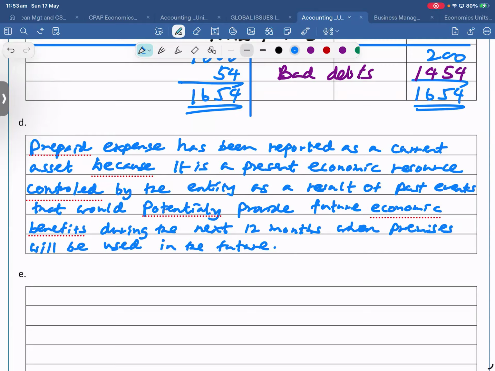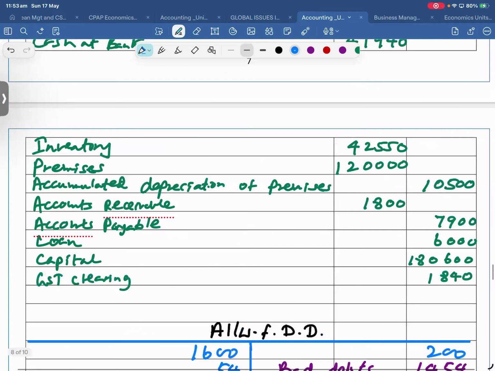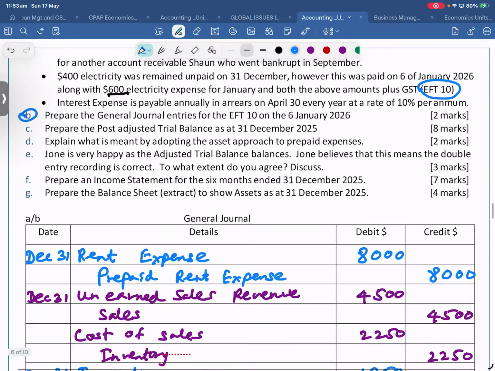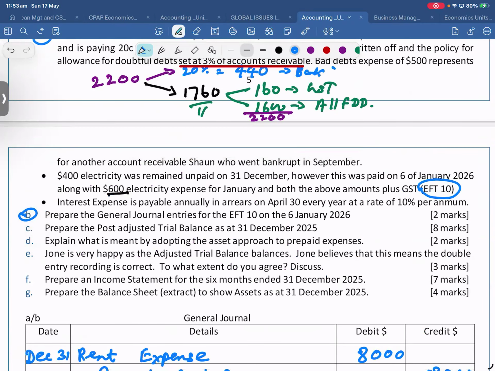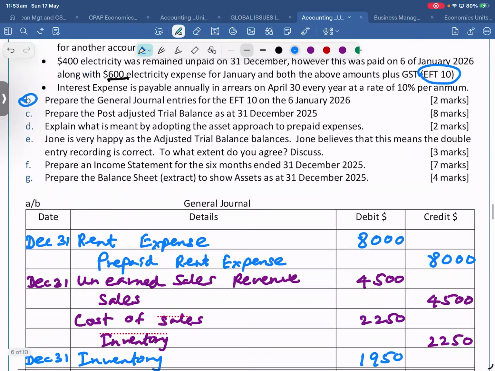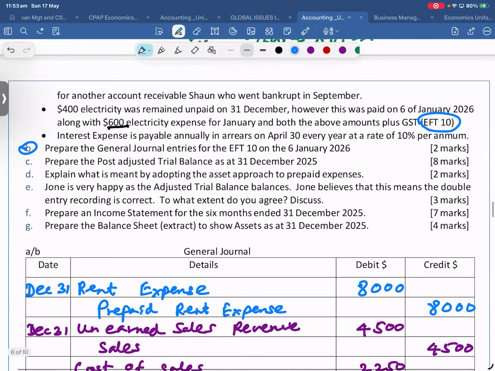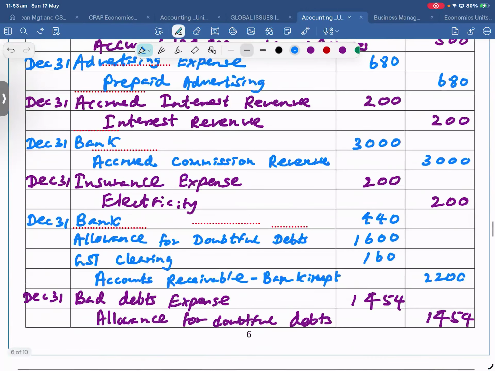Right. Next one is part E, which is: owner is very happy as the adjusted trial balance balances. John believes that this means the double entry recording is correct. To what extent do you agree? Discuss. 3 marks.